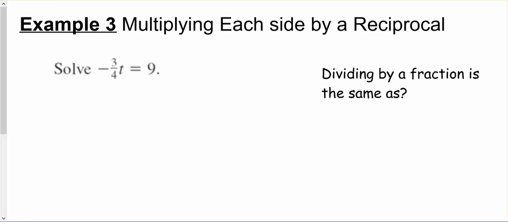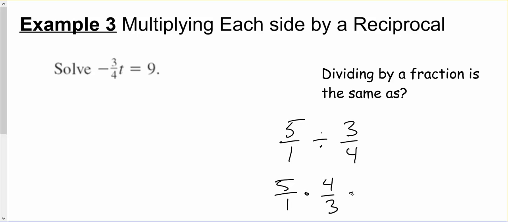Our third example, right here we're multiplying negative 3/4 t, so negative 3/4 times some number equals 9. So what would undo multiplying? Well, dividing undoes multiplying, but if I had some number like 5 divided by 3/4, then remember that division is the same as multiplying by the reciprocal.